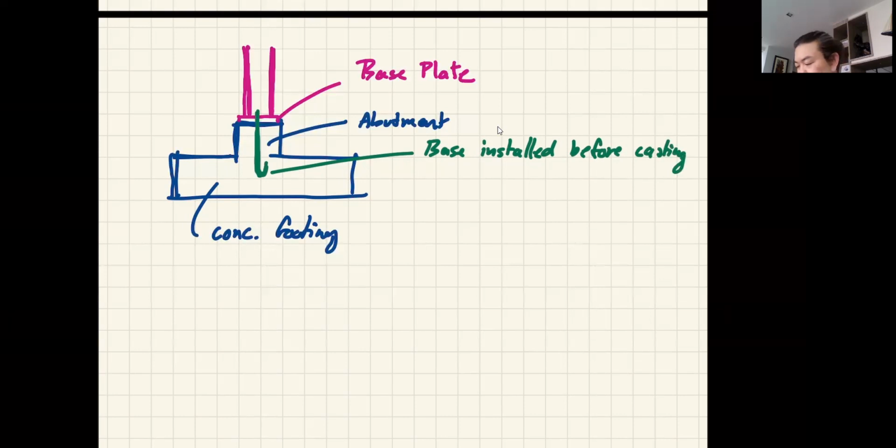And then the base plate. Oh, not base like this, sorry. Rough morning. Best installed before casting the concrete. So when you have the bolt there, you bring the column, which is already welded to the base plate, and then you put them on here, and then you adjust the leveling with the bolts and so on.